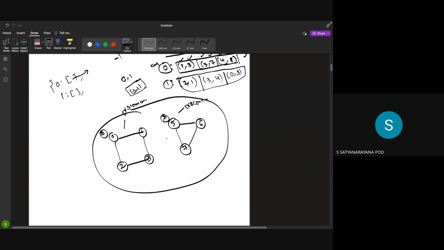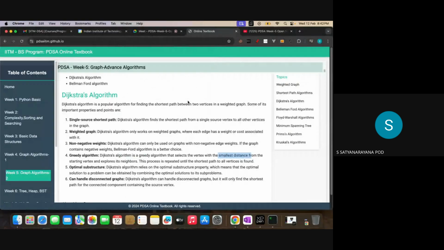So whenever there is no reachability, we have to select a new source. We change the source, select another source, and run the same Dijkstra's algorithm a second time, and we get the shortest paths. So it works for a disconnected graph, but the source has to be changed. That is the only thing. Is it clear?